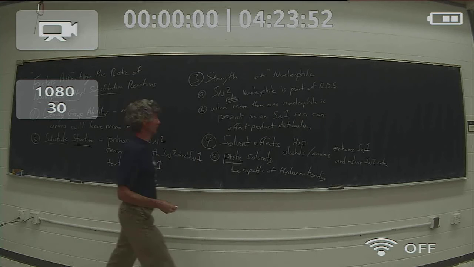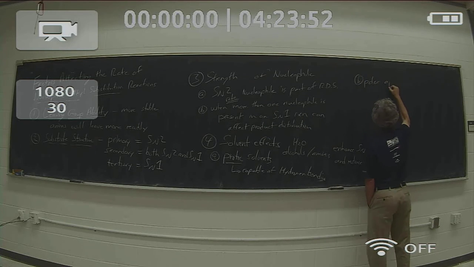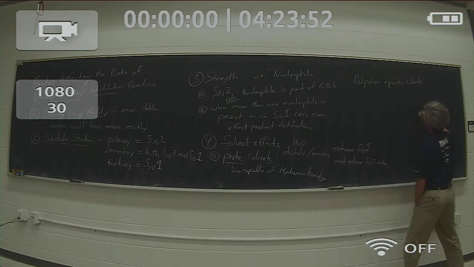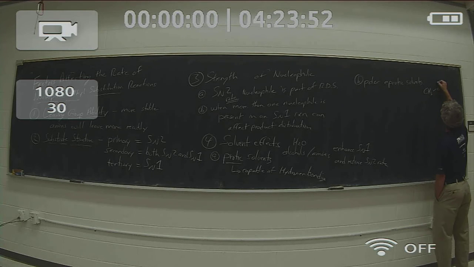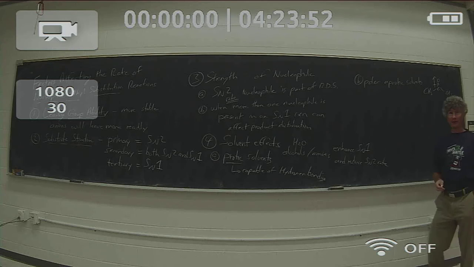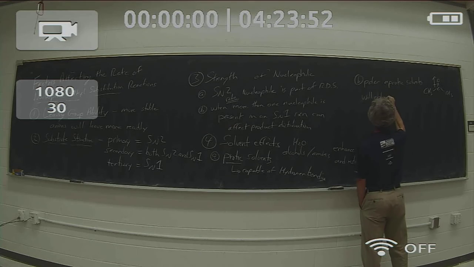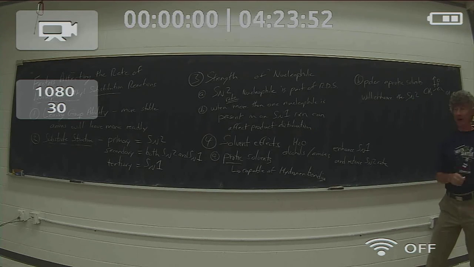Whereas polar aprotic solvents, things that have a carbon oxygen, sulfur oxygen, carbon nitrogen double or triple bond, so that there's a strong dipole, will enhance the SN2 reaction.